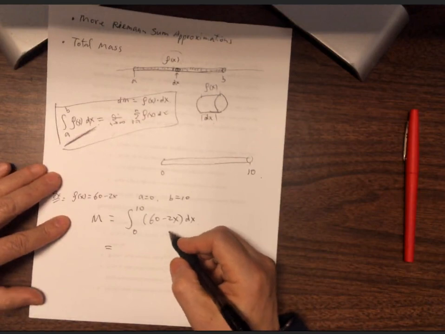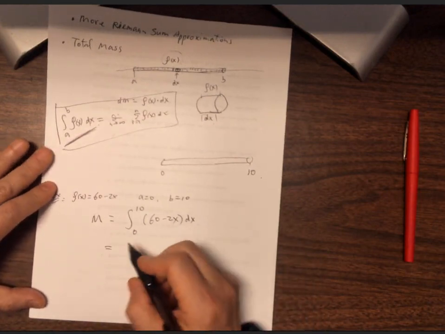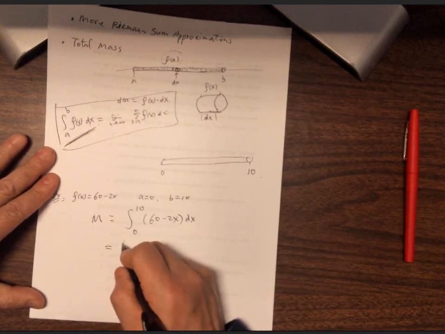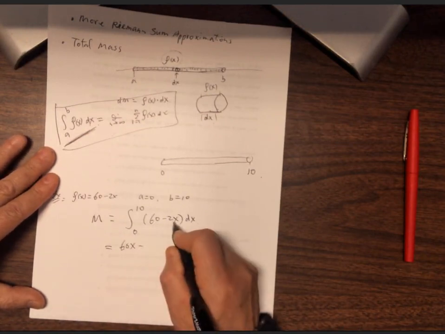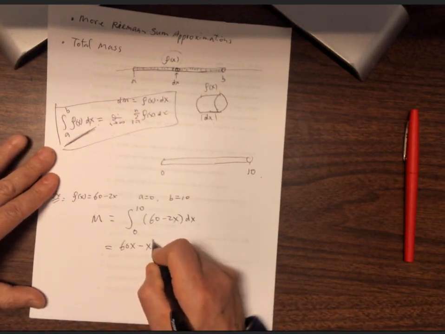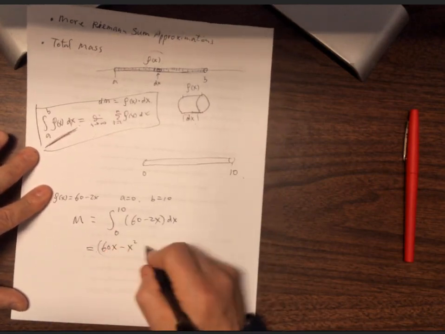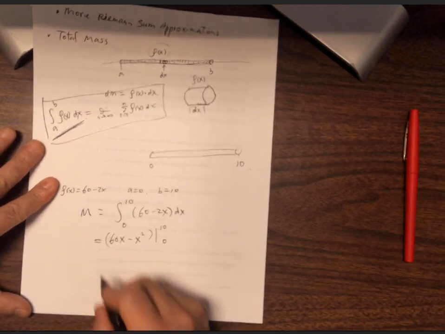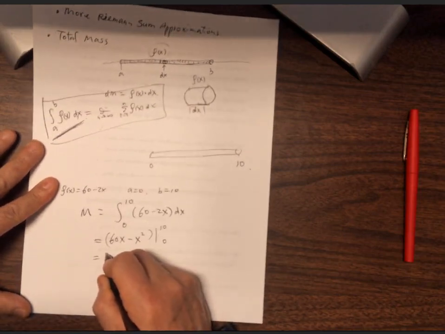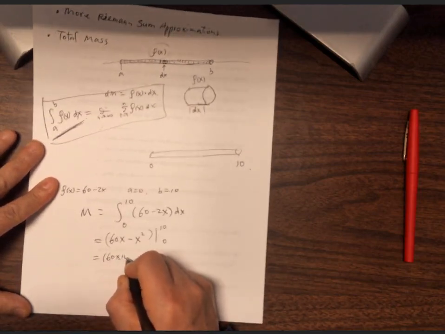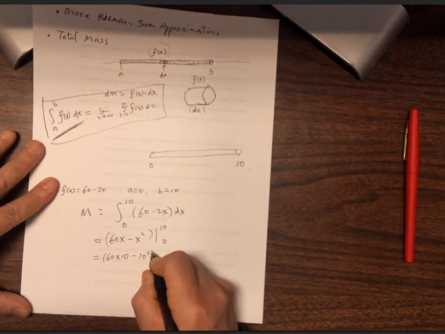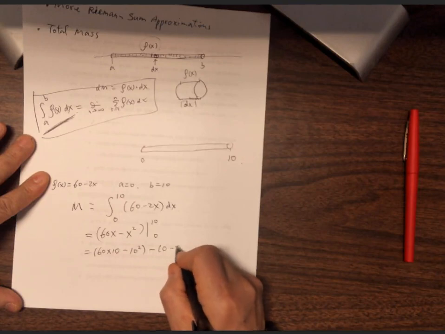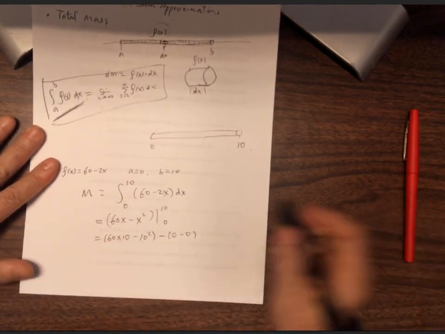Now it's just a matter of evaluating this very simple definite integral. Find the antiderivative: 60x, and for 2x the antiderivative is x squared. Plug in 10, plug in 0. So plugging in 10: 60 times 10, minus 10 squared, minus 0 for x equals 0, 0 everywhere.